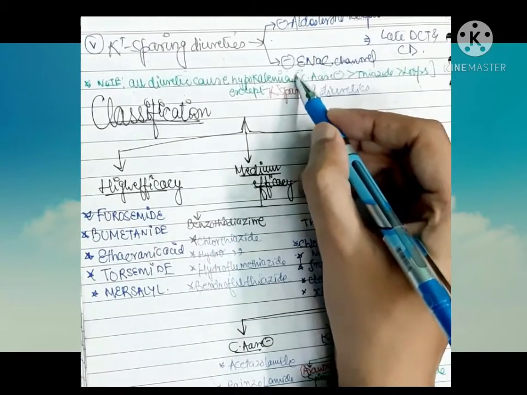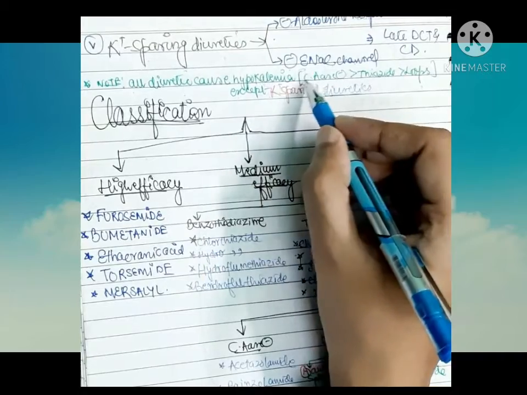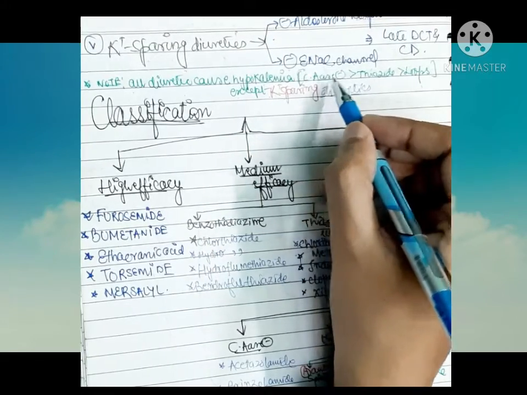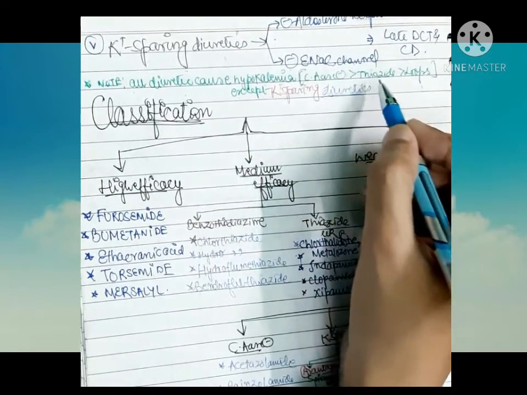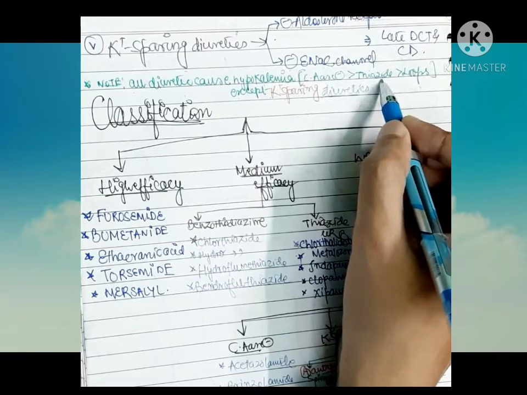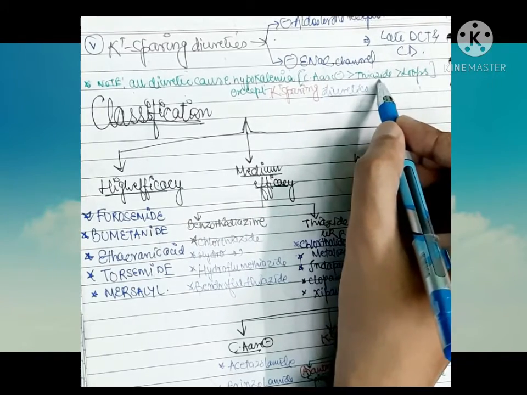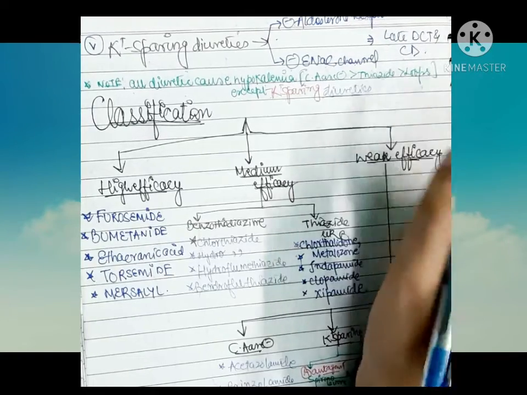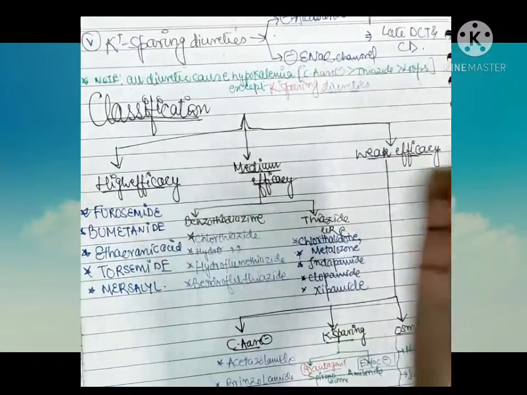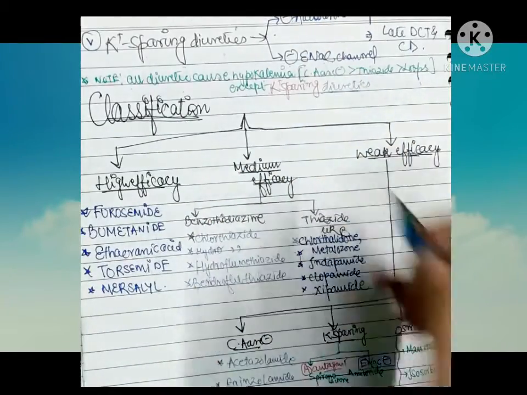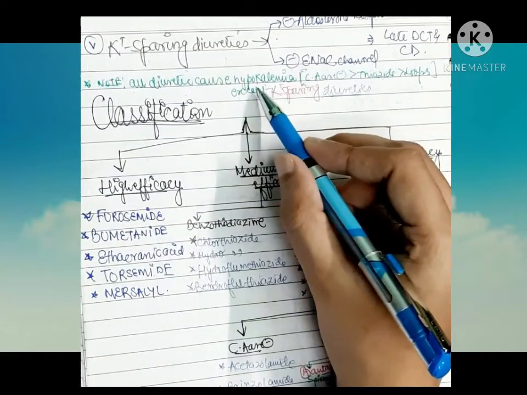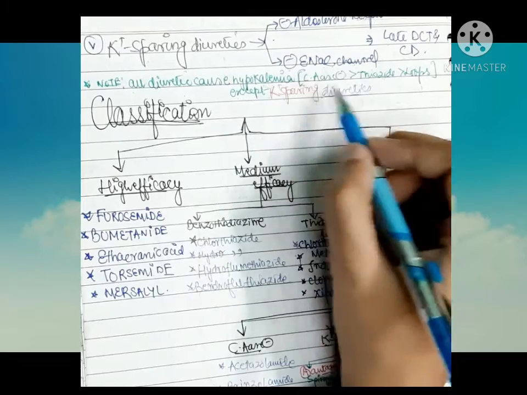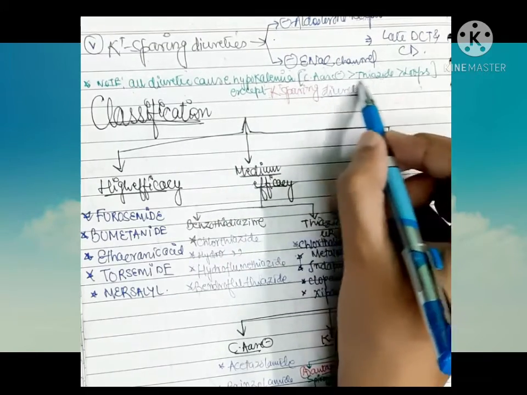And the order in which they cause hypokalemia is: carbonic anhydrase inhibitors will do maximum hypokalemia, after that thiazide diuretics, and after that loop diuretics, which means the loop causes the lowest loss of potassium into the urine. So if we want to give any diuretics, we will combine them with a potassium sparing diuretic.